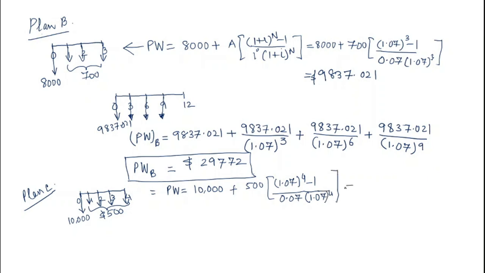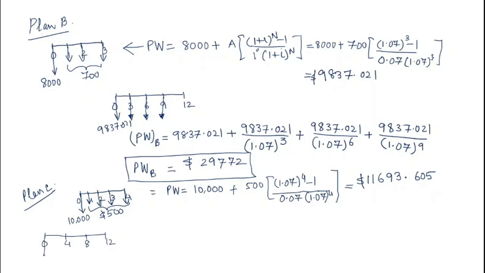If I compute this, it comes out to be $11,693.605. Fine. Now again, with the help of the repeatability assumption, I can draw this as 0, 4, 8, and 12.